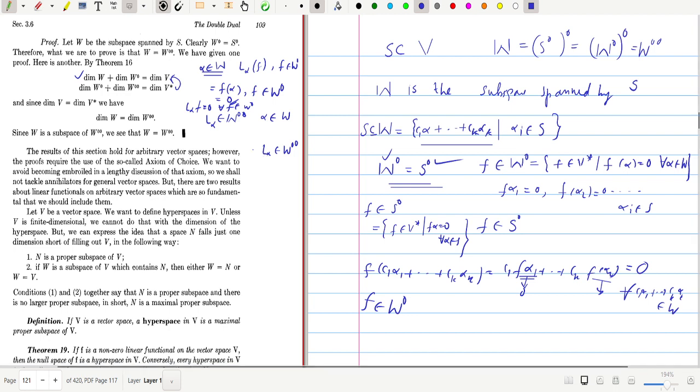If you identify L alpha with alpha, then the corresponding element of alpha is also in W double naught. In that sense, W is a subset of W double naught. Since the dimensions of W and W double naught are the same and we have one inclusion, these two subspaces are the same, up to isomorphism. So this proves theorem 18.